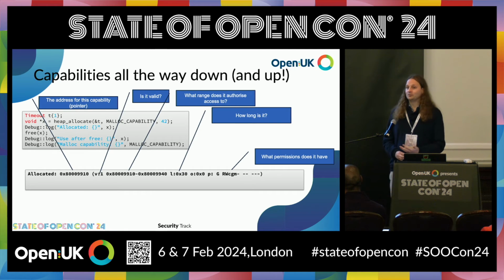Permit load global, which is slightly complicated, means it's sort of the transitive version of the global permission. If you remove this, then not just can you not capture this pointer, you can't capture any pointer that's reachable from this. So I can hand you a pointer to the root object in a really complex object graph.